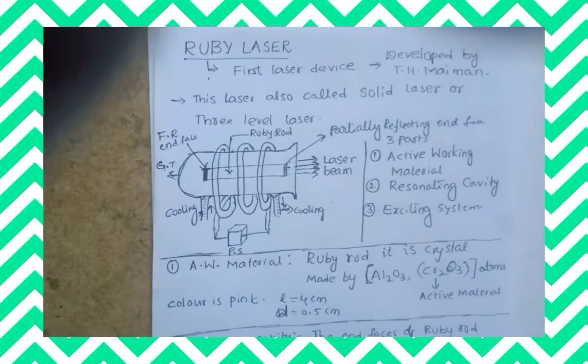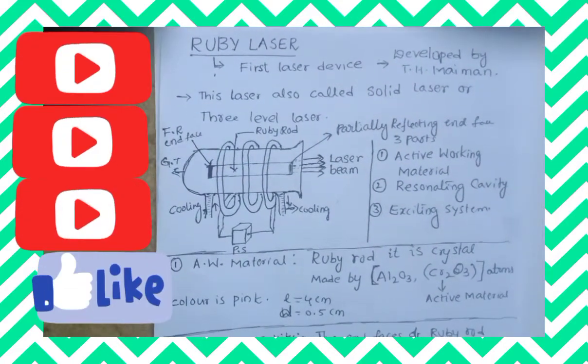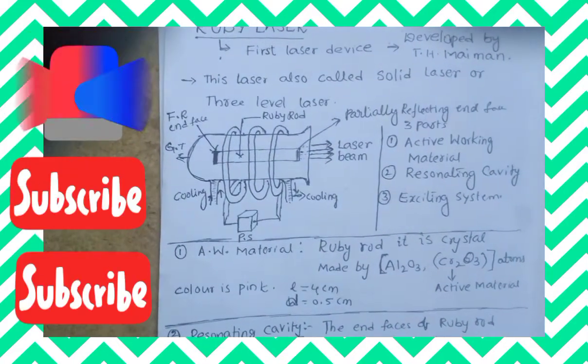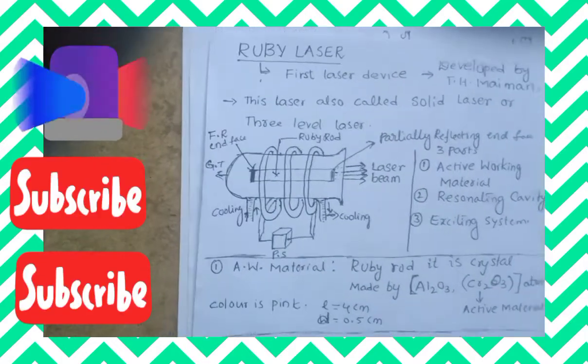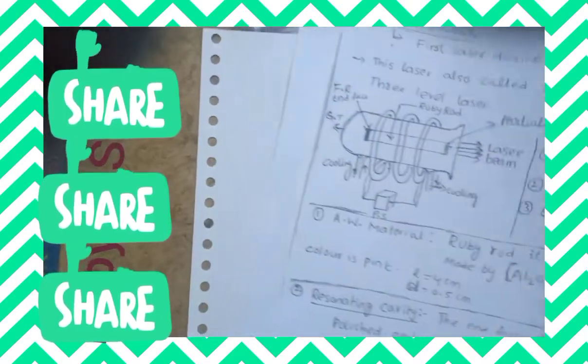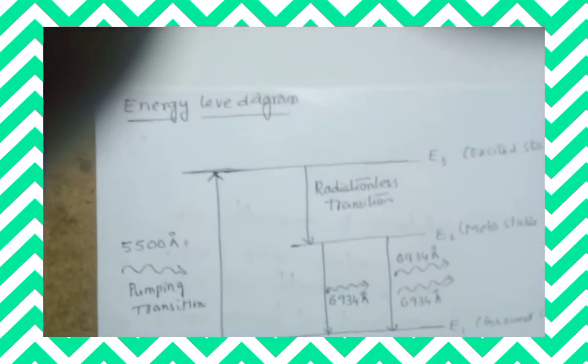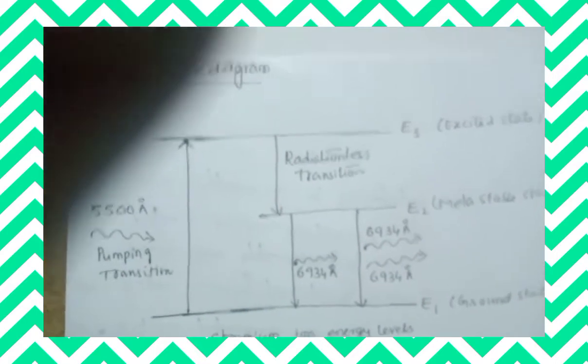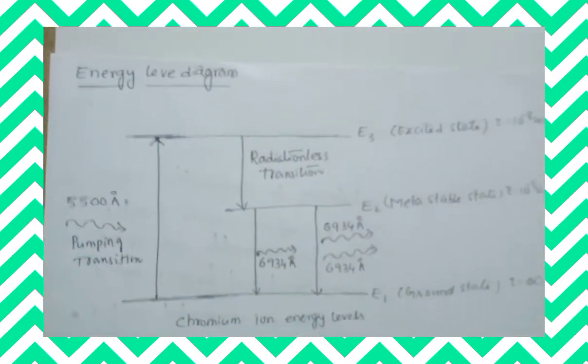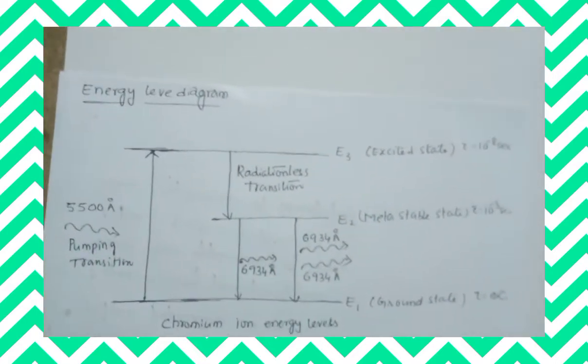Now we are going to discuss the working of the ruby laser by taking the energy level diagram. See this carefully.